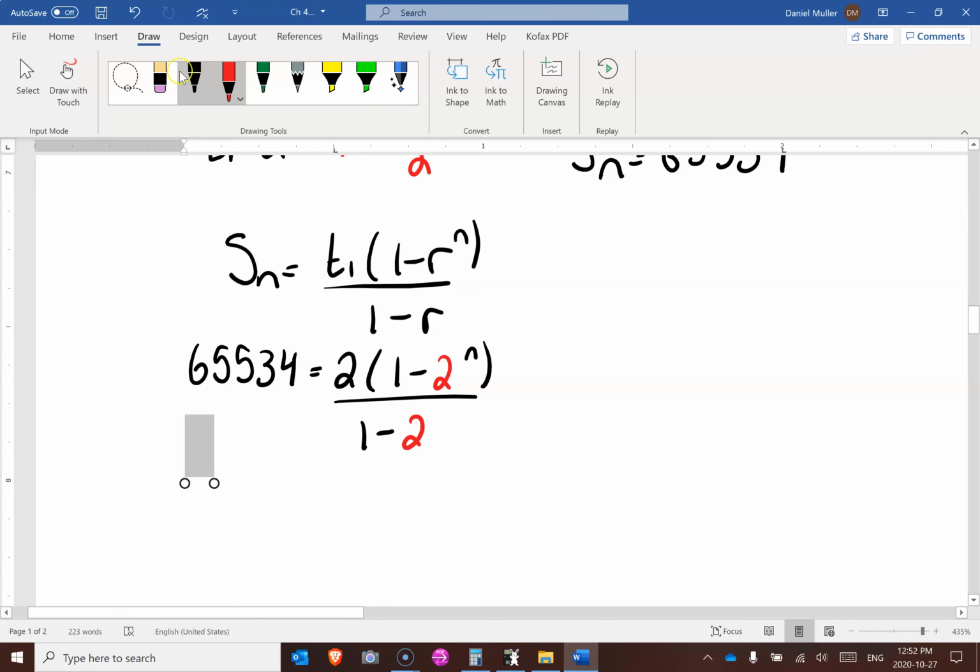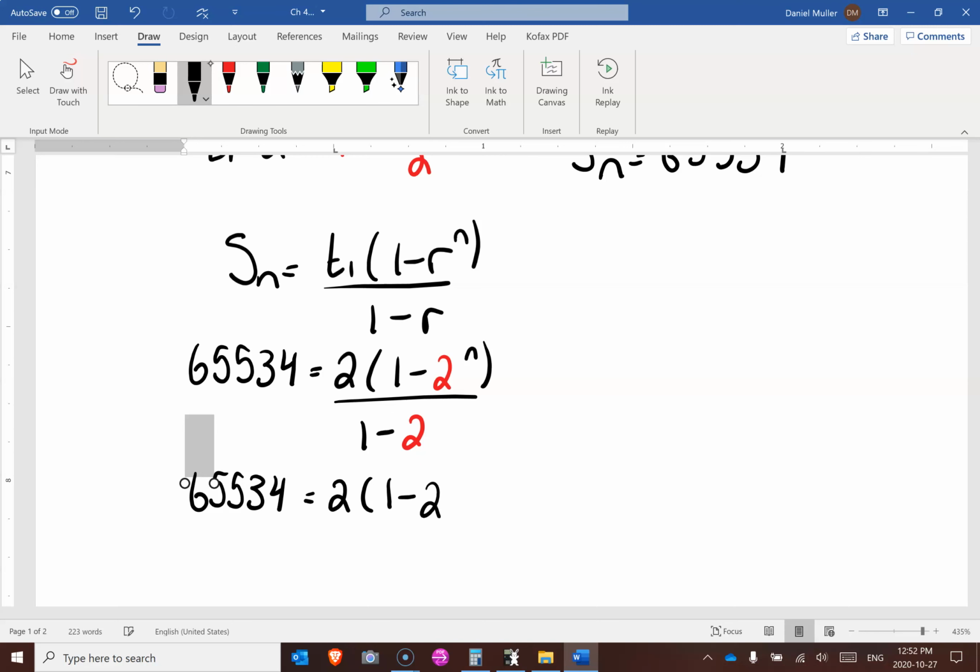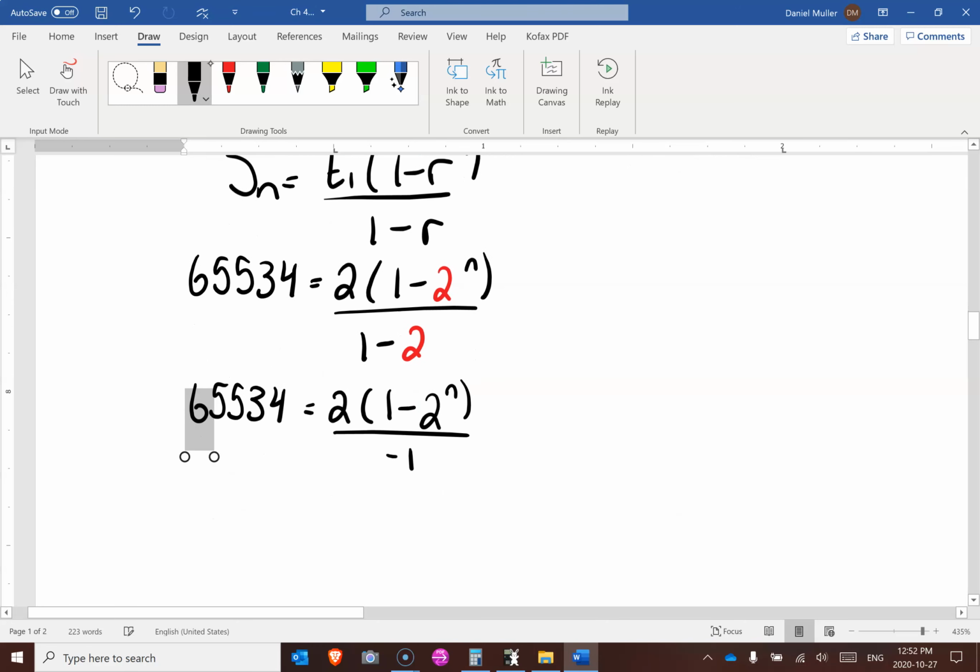Okay, so 65534 equals 2, 1 minus 2 to the n, all over negative 1. Now, I can times this by negative 1, and at the same time, because that will cancel with this, also divide by the 2, because that will cancel with that.